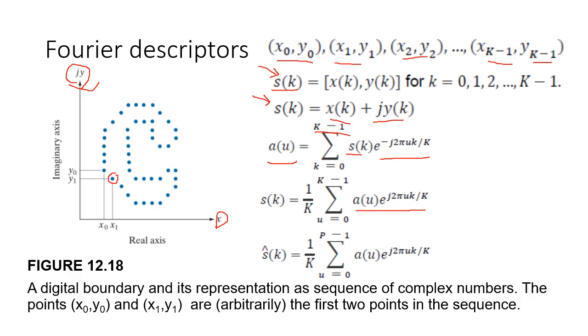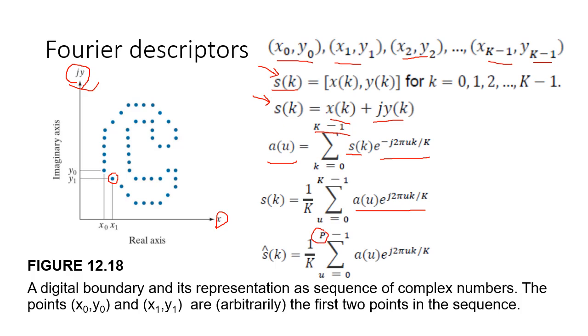Now we could approximate that curve by taking samples of P points only. So in this case, P here is less than or equal to K. If P equals K, then it means that we use all the coefficients to represent the shape.